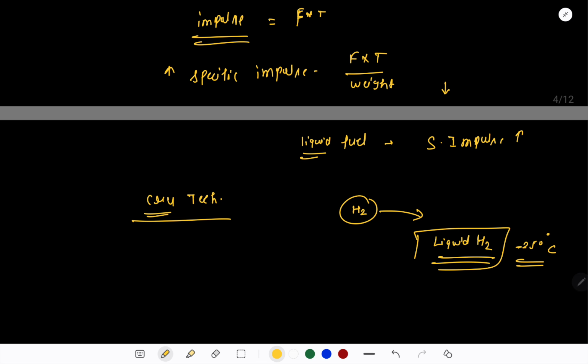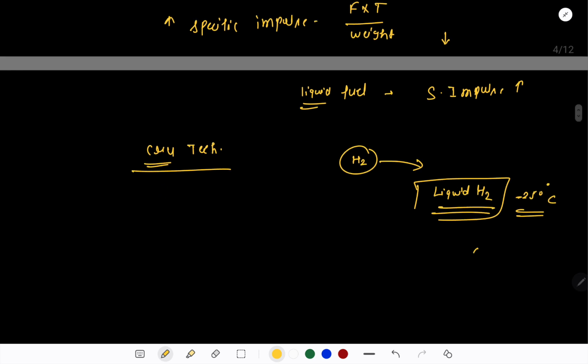Anything which is at a very low temperature is known as cryo. Now this liquid hydrogen has more power than the gaseous hydrogen. So we can make a cryo engine.